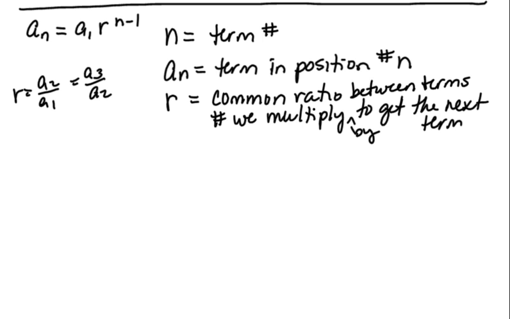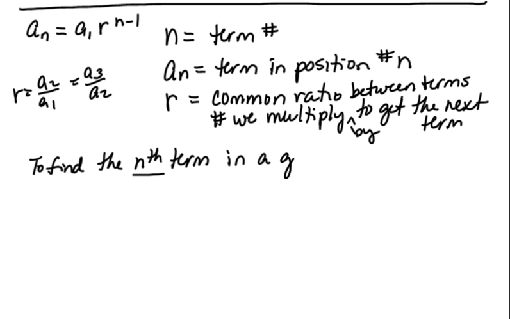Now the last part, a lot of people had trouble understanding what exactly I was looking for. It's to find the nth term, or the term in the nth position, in a geometric sequence. I wanted you to recognize that this formula applied to a geometric sequence when we have a multiplication pattern.